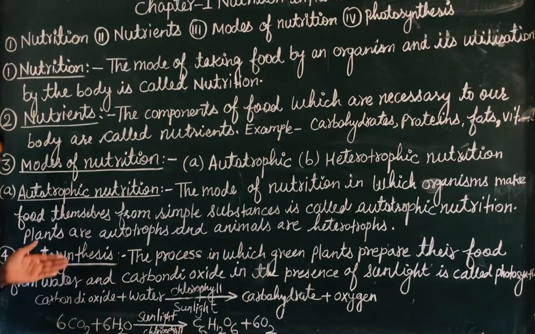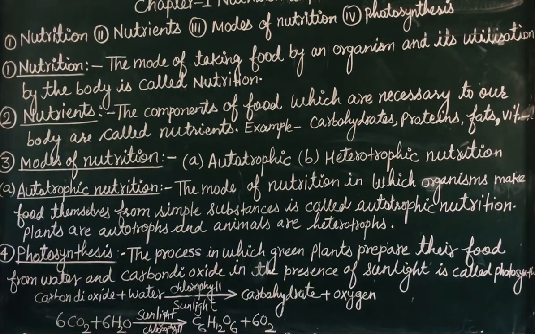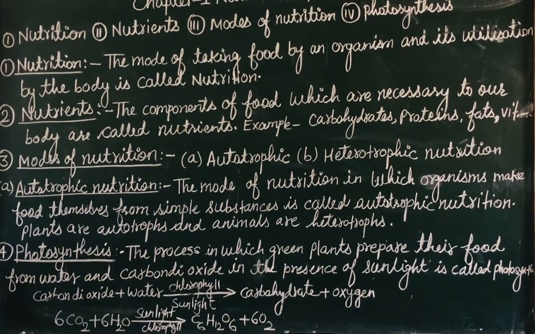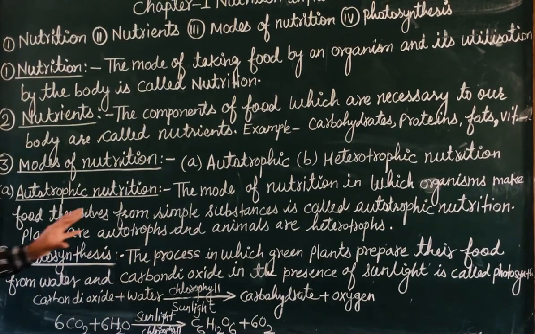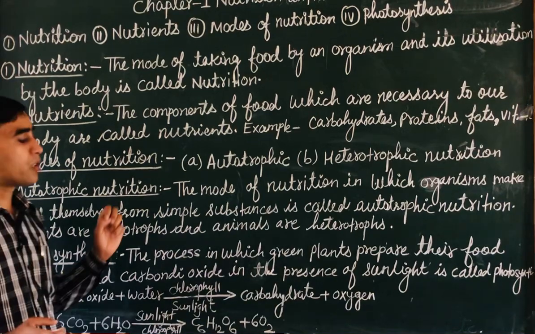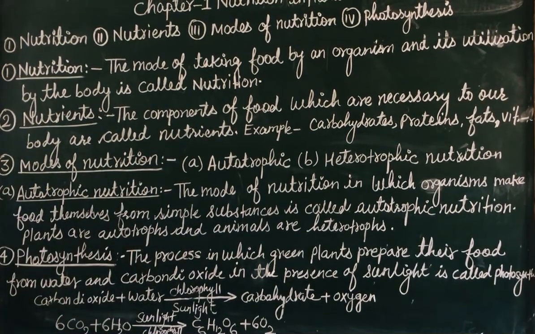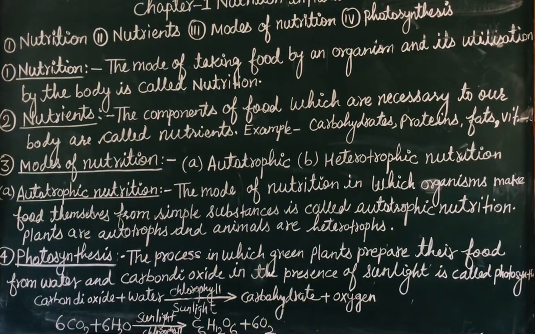This process is a unique process in the universe. Can you imagine what will happen if the process of photosynthesis stops? Can we survive? No, we can't survive. If the process of photosynthesis stops, then what will happen? All living things, or maybe most of the animals, depend on plants for food. From where will they get food?